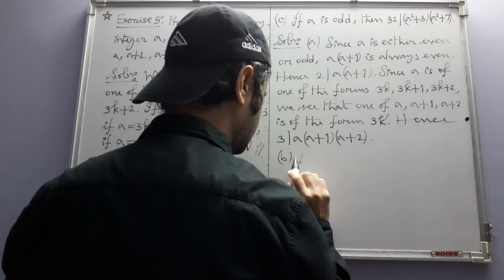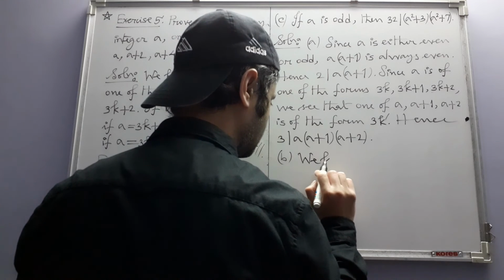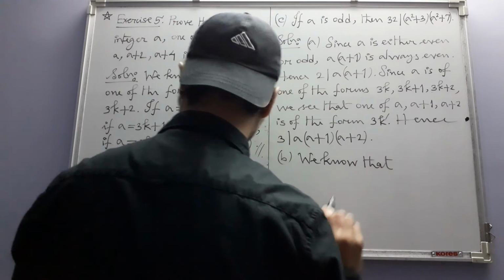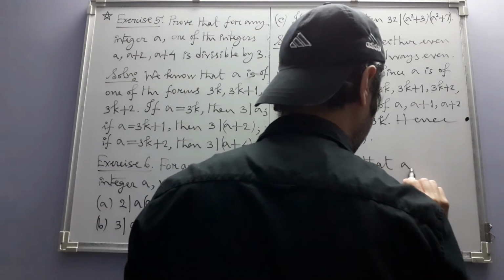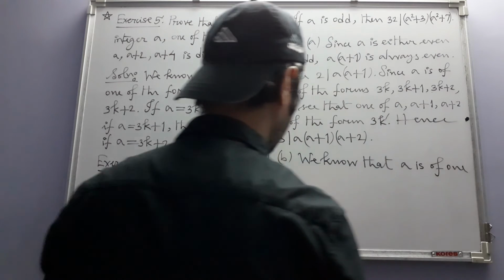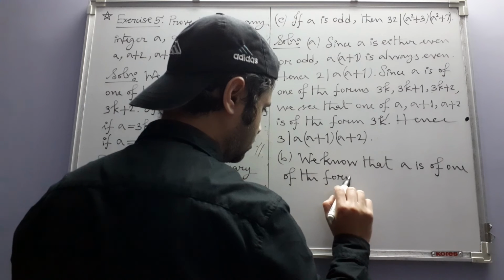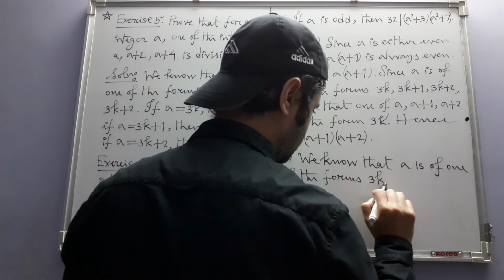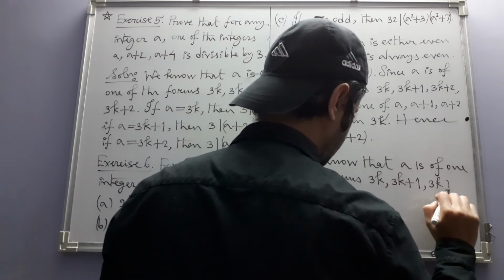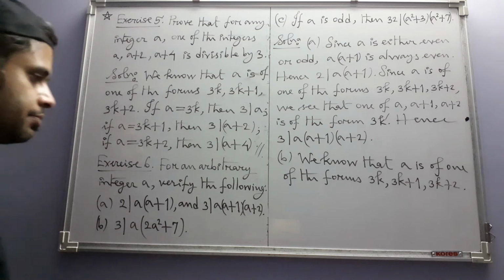Again, we know that A is of one of the forms 3k, 3k plus 1 or 3k plus 2.